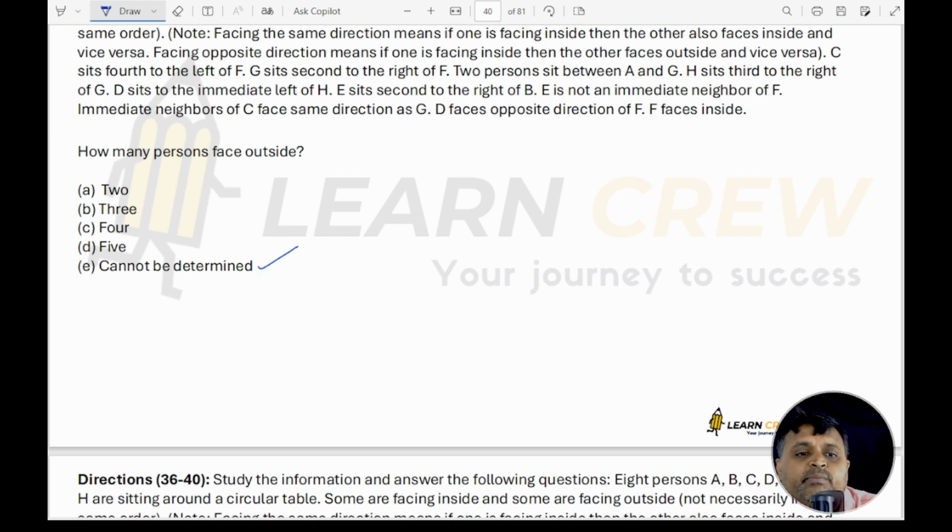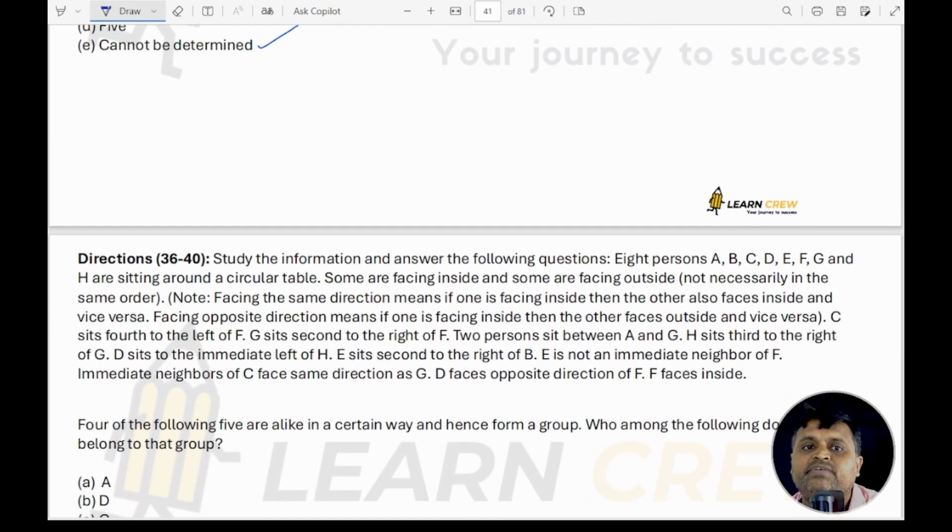If he is facing inside, it will be 5; if he is facing outside, it is 4. So we cannot say. The answer is cannot be determined.